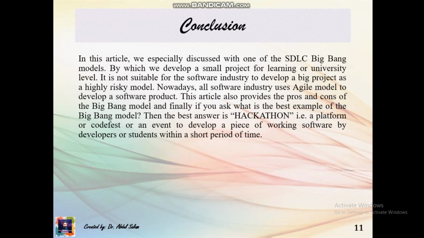This lecture also provides the pros and cons of the Big Bang model. And finally, if you ask what is the best example of the Big Bang model, the best answer is a hackathon. That is a platform, code fest, or event to develop a piece of working software by developers or students within a short period of time.